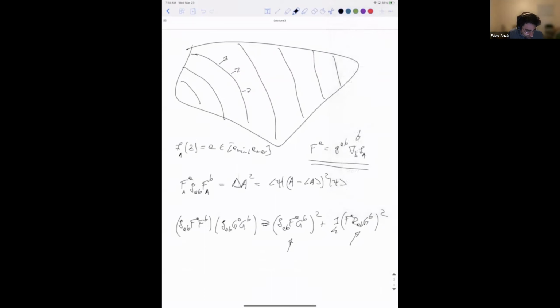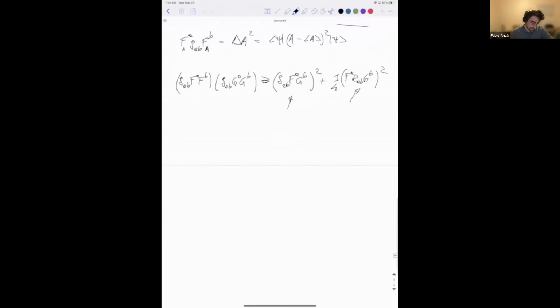Now, a bit more interesting is the so-called time-energy uncertainty principle. The derivation and interpretation that I'll be giving is one of the possible ones, but I think the geometric aspect makes it a bit more general, at least in concept.